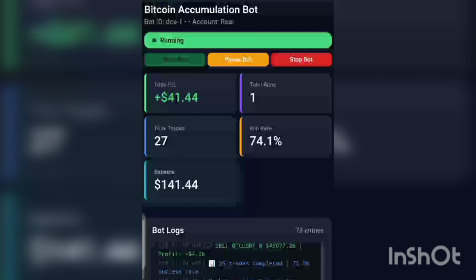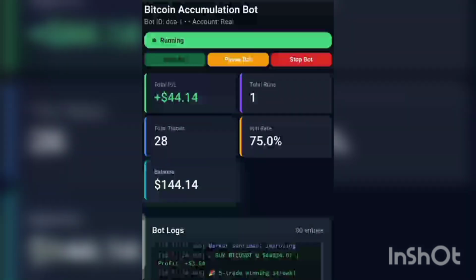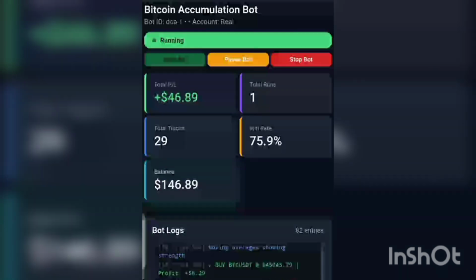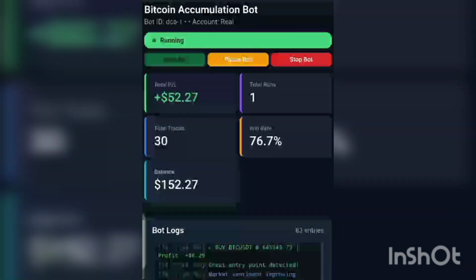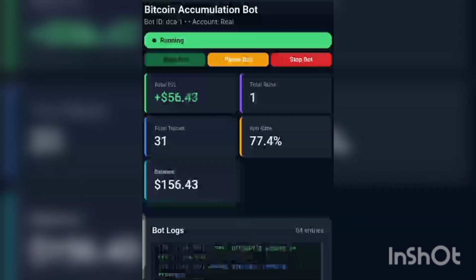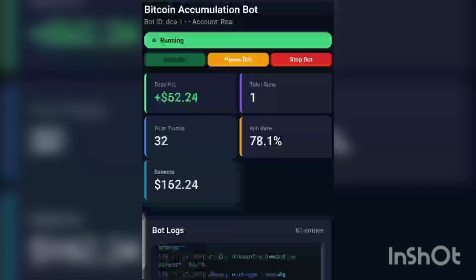Now if you want to get this particular bot, the bot costs 46 USDT. But if you don't have up to 46 USDT to get this particular bot, you can join my VIP group, which you can send me a message on WhatsApp or Telegram to join.